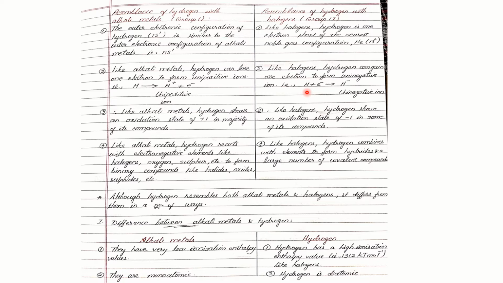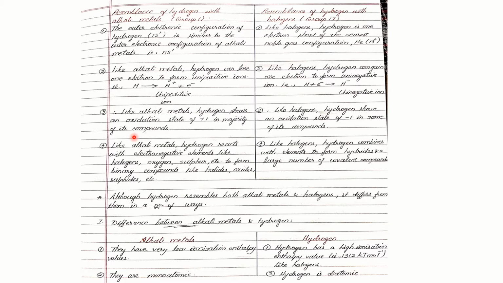Remember, when I taught you chapter 3, I told you that oxidation state of an atom of an element tells you about the number of electrons that can be lost, gained, or shared by an atom of an element when it involves in chemical bonding. Since alkali metals lose their outermost electron, they have an oxidation state of +1, and hydrogen has only one electron, and when it loses this electron and resembles alkali metals, it also exhibits an oxidation state of +1 in majority of its compounds.